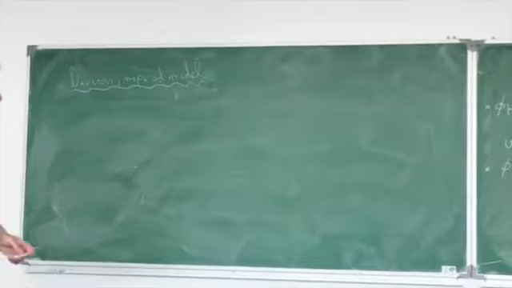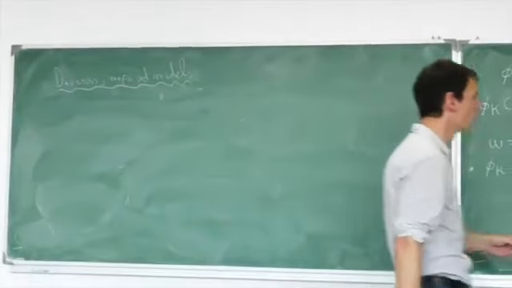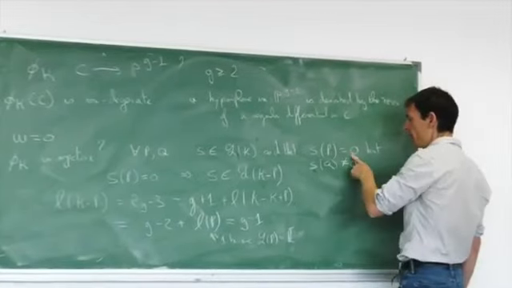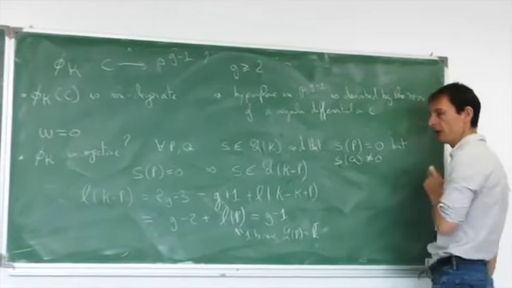Now, what does it mean that there is no function S such that S of P equals 0, but S of Q is different from 0?